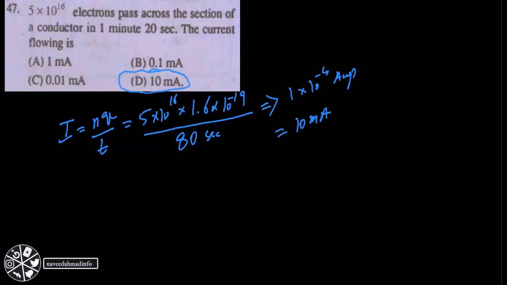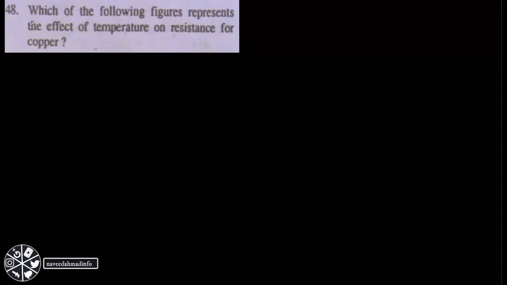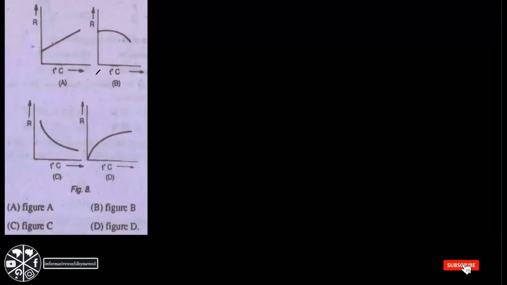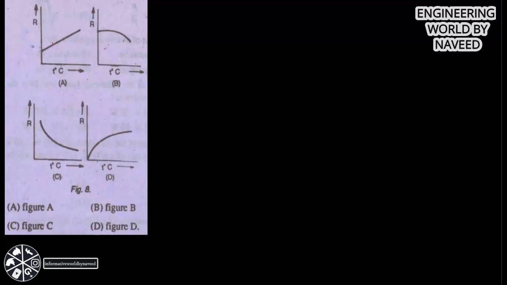Okay, next MCQ is: which of the following figures represents the effect of temperature on resistance for copper? So these are the figures. So, the effect of temperature on resistance for copper. Copper is an ohmic material.